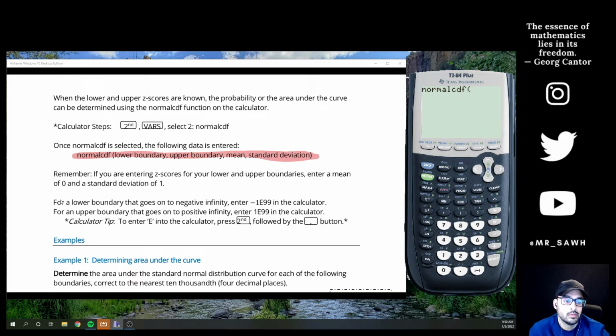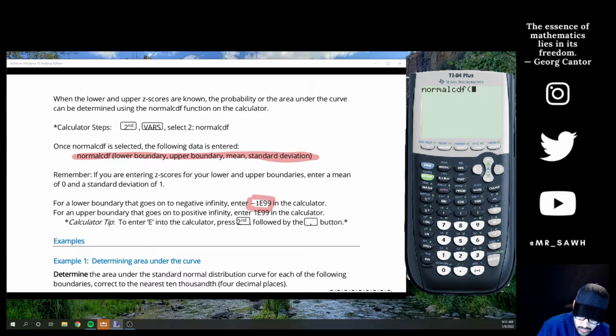Now, for lower boundaries that go on to negative infinity, because this is the one thing we haven't talked about just yet, the bell curves really extend in both directions forever. I can't really touch that x-axis or go past it, which means they extend infinitely in both directions. So if it's a boundary that goes to negative infinity, this is what we'll enter into our calculator: -1E99.